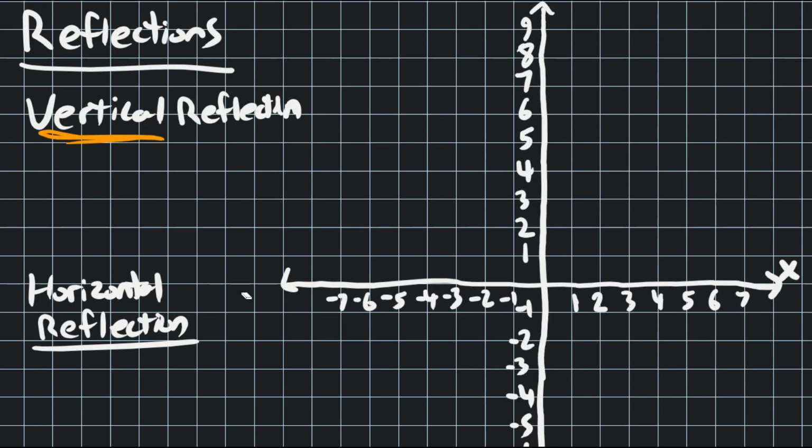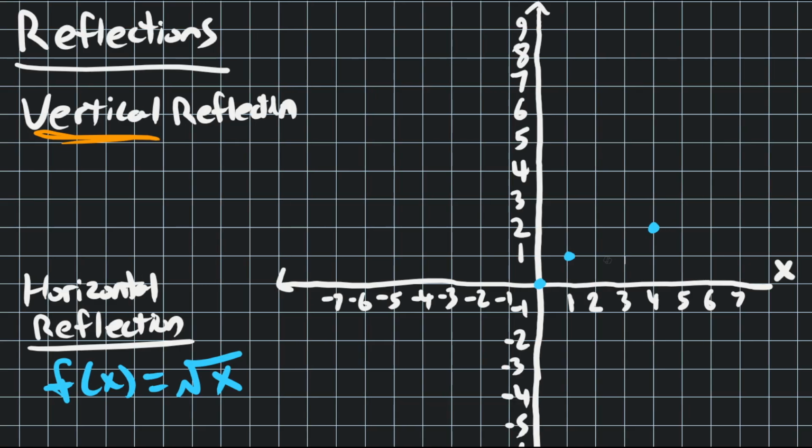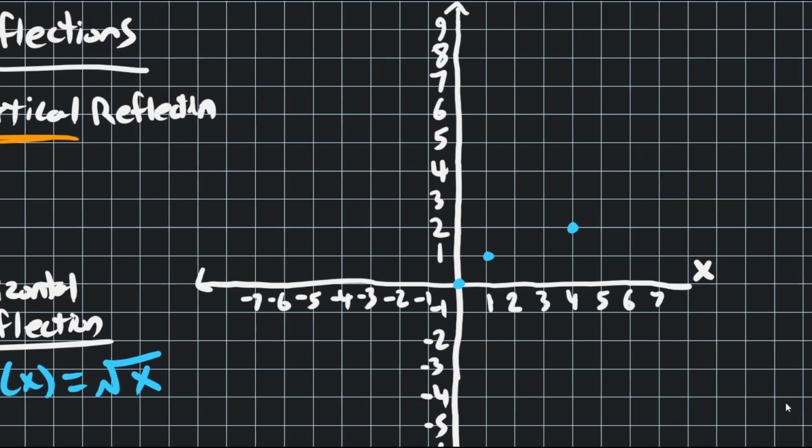Okay, so for a horizontal reflection, let's use a different function. Let's use f of x equals the square root of x. So how you draw that function, it would go (0, 0), (1, 1), (4, 2), and then we can extend the x-axis a little bit, just so we can get (9, 3) as well.